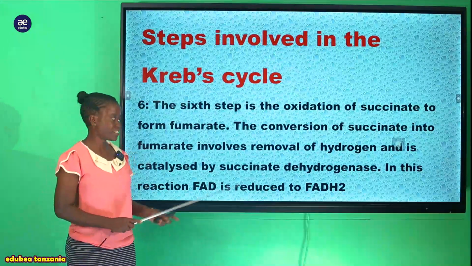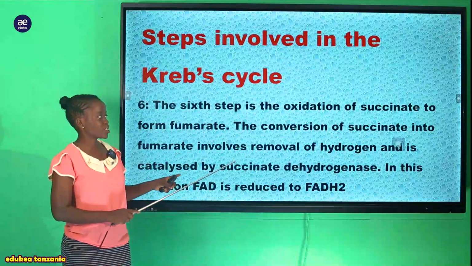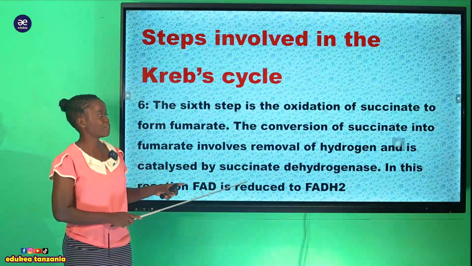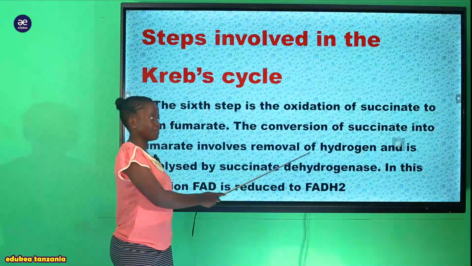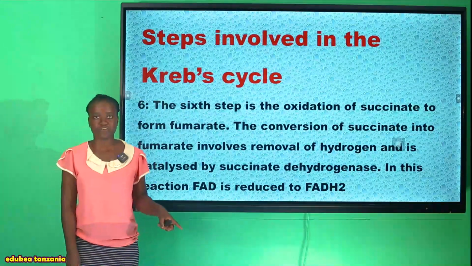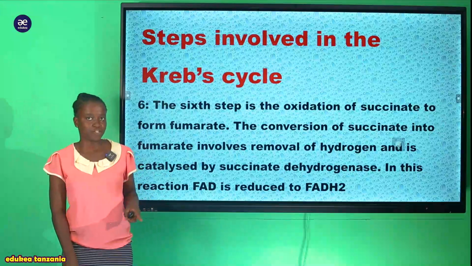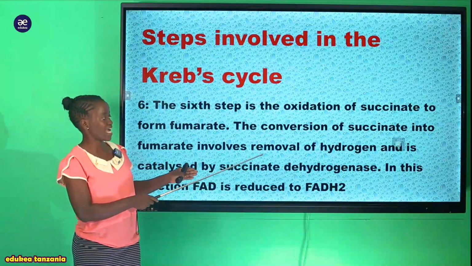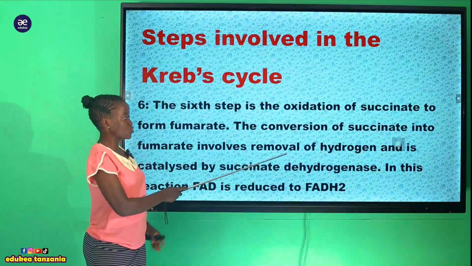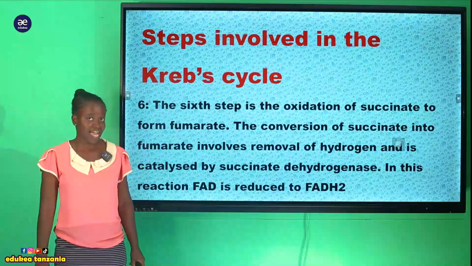And in order to form this fumarate, the reaction involved is that we remove the hydrogen group, meaning that there is dehydrogenation. So dehydrogenation aims to remove the hydrogen atom.